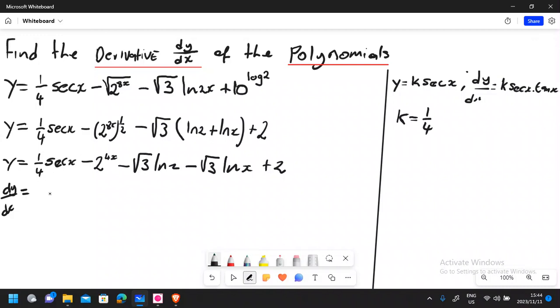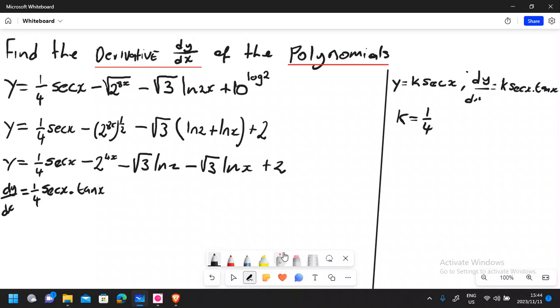So when we substitute, k is going to be 1 over 4, right? And then we have sec x, multiplied by tan x. So this is what we have here. This one we just derived.